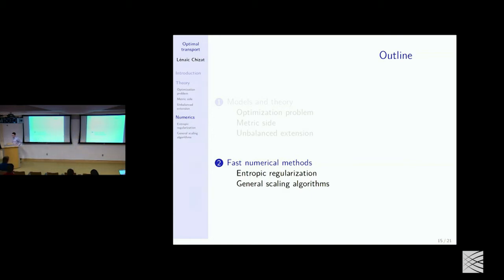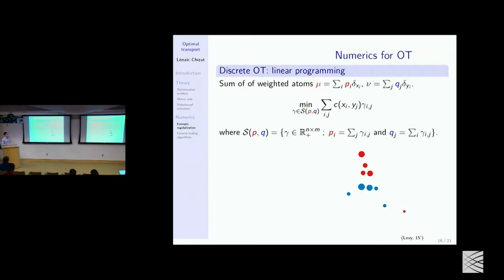I'll first describe how we write this problem down for it to be solved by a computer. I will focus on the case where my two distributions are sets of weighted particles, because this is the one that I will explain how to solve using algorithms. So this is my measure mu, my measure nu, and here I wrote what they are.